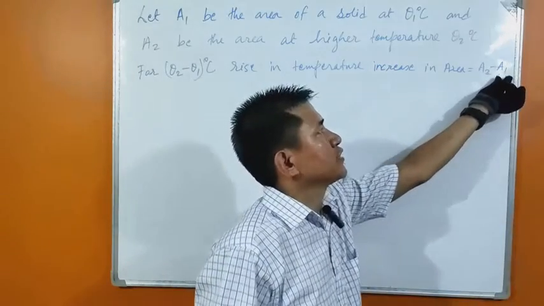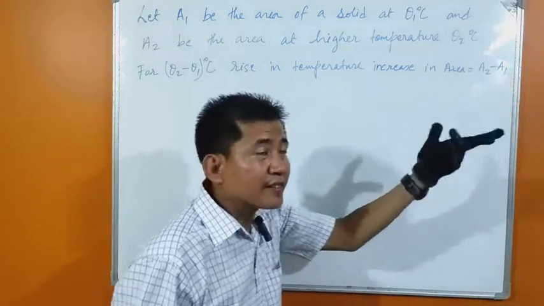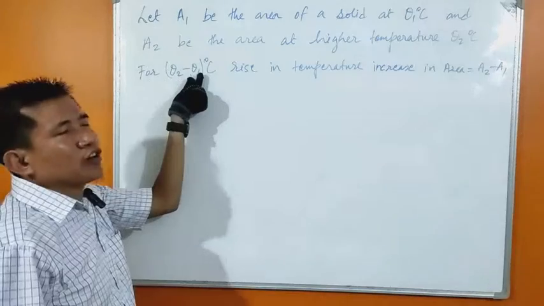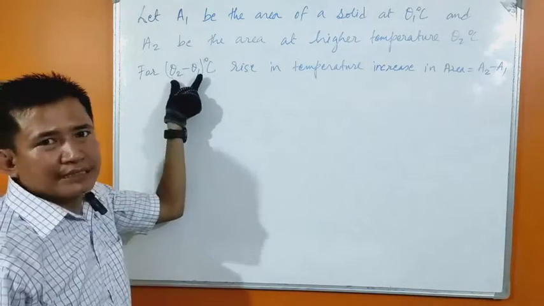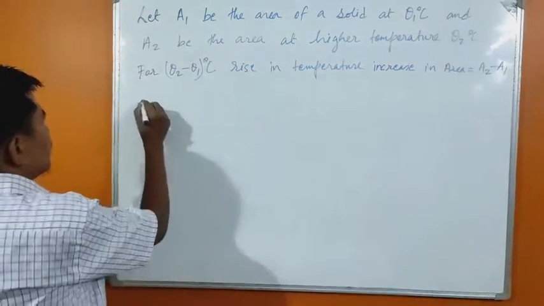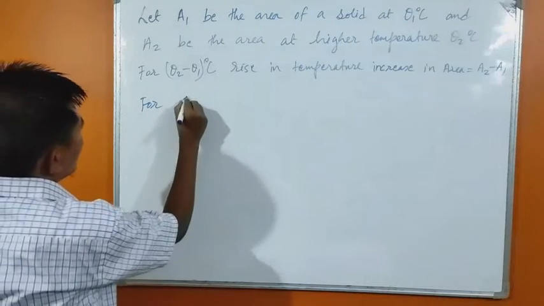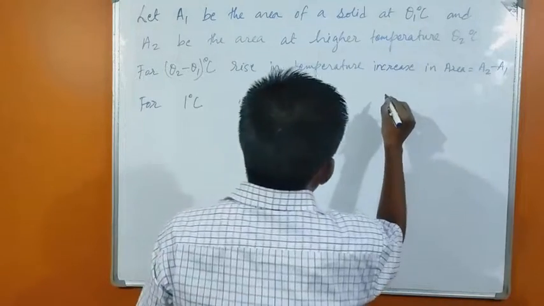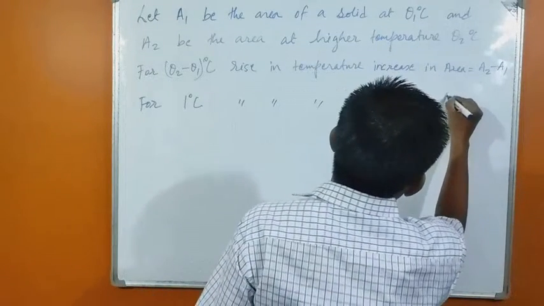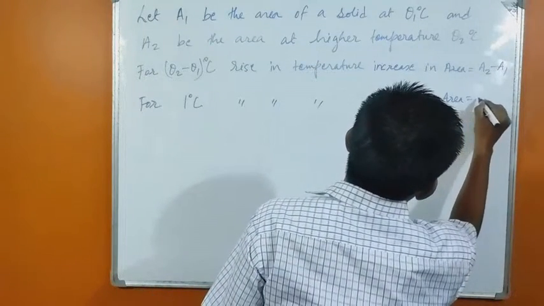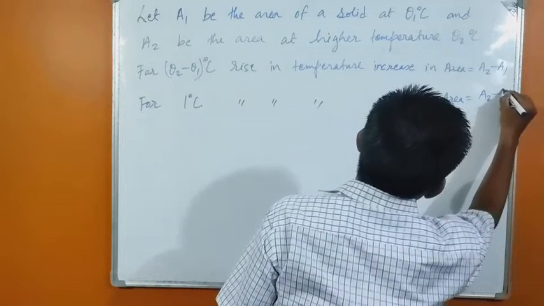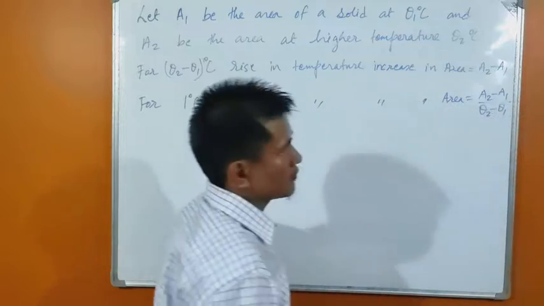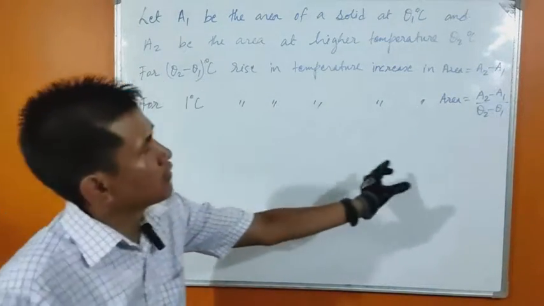New area minus original area is the increase in area. New temperature minus original temperature is the increase in temperature. For 1 degree Celsius rise in temperature, by the unitary method, the increase in area is A2 minus A1 upon theta 2 minus theta 1, isn't it? This theta 2 minus theta 1 comes down here.